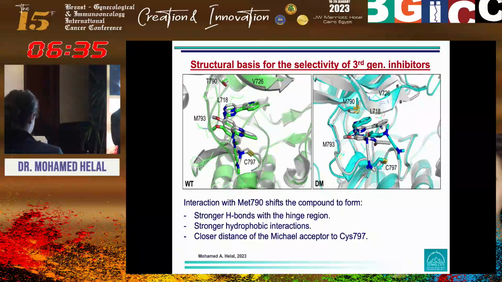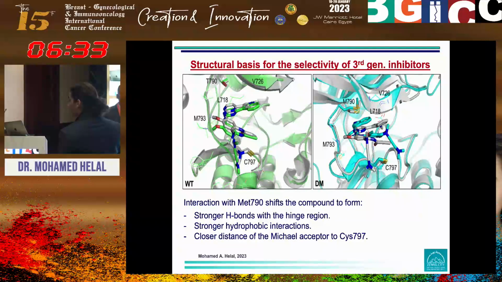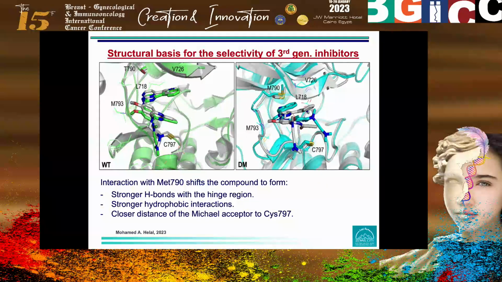Here we can see the wild type complex and the double mutant complex before and after the MD simulation. The initial poses are in gray in both figures, and the poses after the MD simulation are in green and cyan. We can see that there is a little shift in the double mutant of the pyrimidine core of the osimertinib towards methionine 790, so they are getting closer, making favorable hydrophobic contacts.